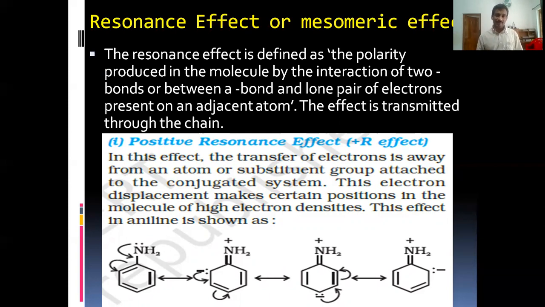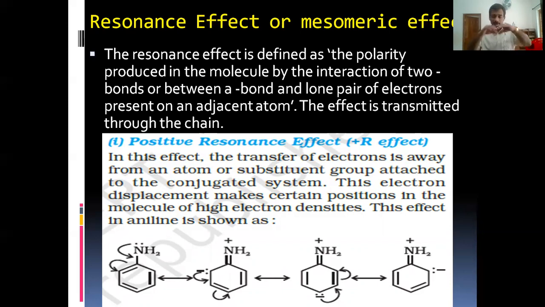The resonance effect is defined as the polarity produced in the molecule by the interaction of two conjugate double bonds, or a bond and a lone pair. A lone pair is coming to the carbon atom, in the organic compound we are discussing, to form a double bond.